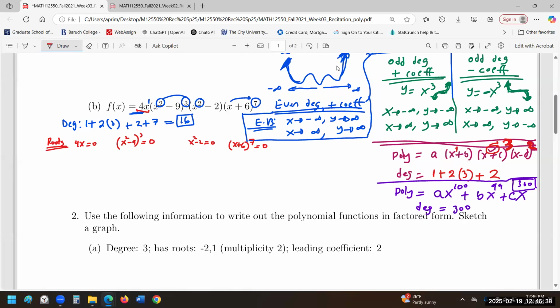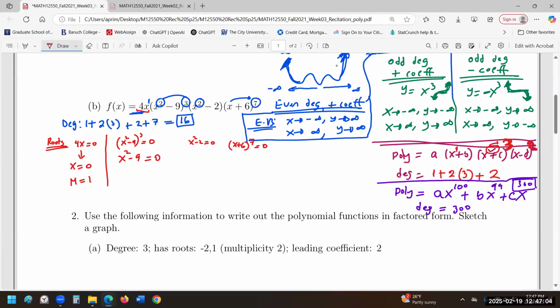So set every factor equal to 0 and then solve for x. If you solve for x, the first one gives us x equals 0. We see this factor only once, so it has multiplicity 1. In the next factor, we have x squared minus 9. You take the cube root of both sides, you get x squared minus 9 equals 0.